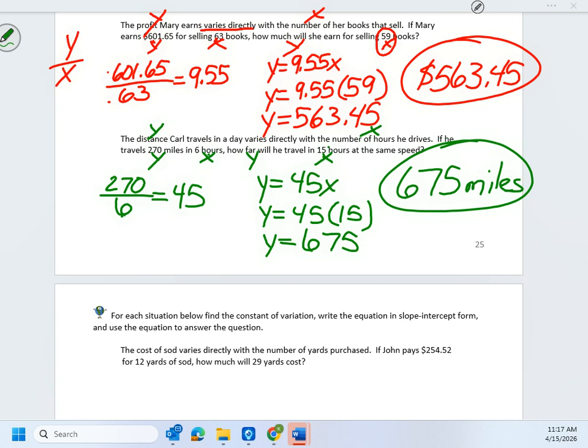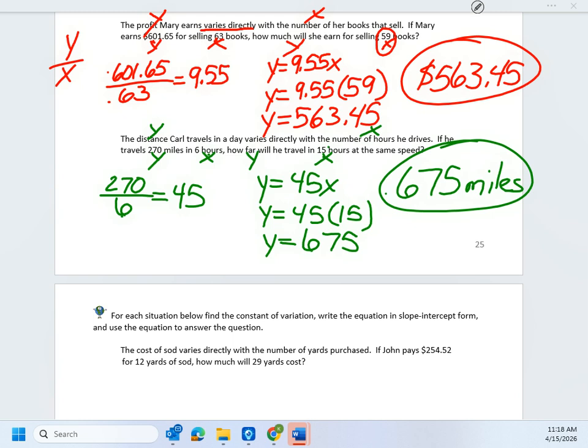I wrote it over to the side and I circled it. When we have lots of work happening, things get kind of messed up. Don't make me search for your answer. When you're correcting tomorrow, you don't have to search for your answer. Circle the answer with your label on it so it's nice and clear. Be confident in your answer, 675 miles. Confidence, circle it, okay? Makes it a whole lot easier for you and for me.